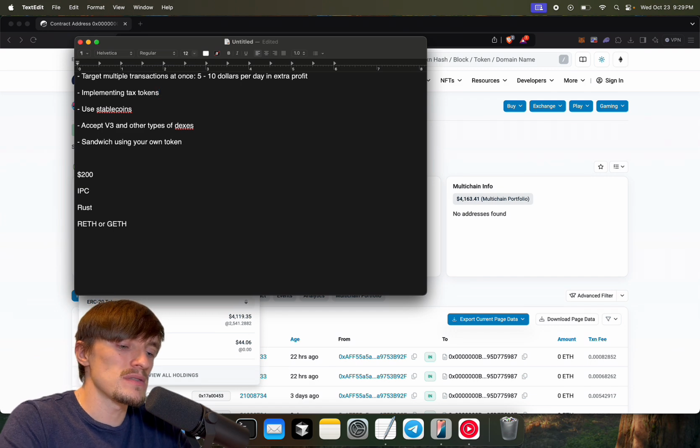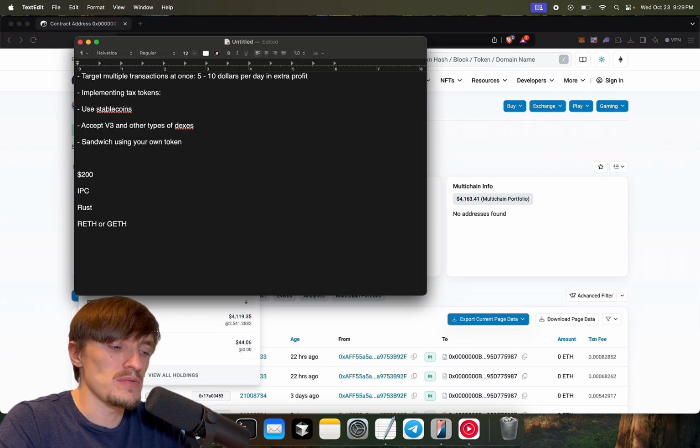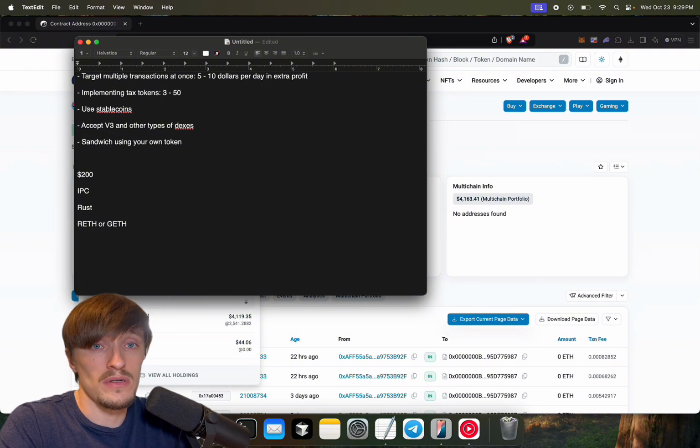Implementing tax tokens can depend, I would say, from $3 to $50. I say 50 because every day there are new tokens being released, and some tokens are more likely to be targeted because they increase the slippage to higher levels, and we can target those and extract a higher profit. But of course it depends on the token, and the fact is there are many tax tokens.